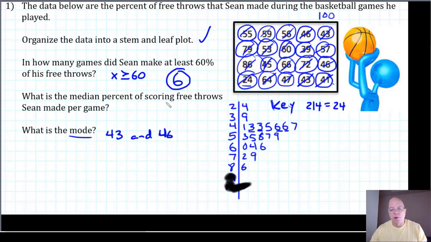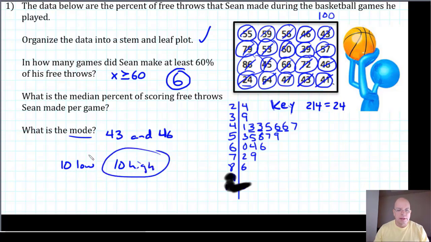To find the median, we want to find the middle number. And I could start crossing off the least and the greatest and working toward the middle, but that will obscure my stem and leaf plot. So instead, I'm going to do this. We know we have 20 data points. So I have 10 on the low end and 10 on the high end. Exactly split. And so the 10th and 11th data points will be in the middle.